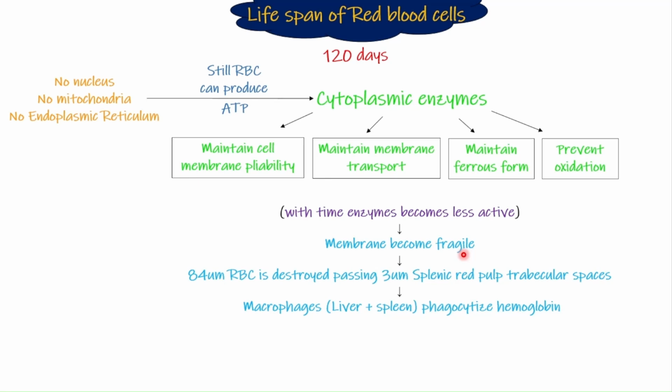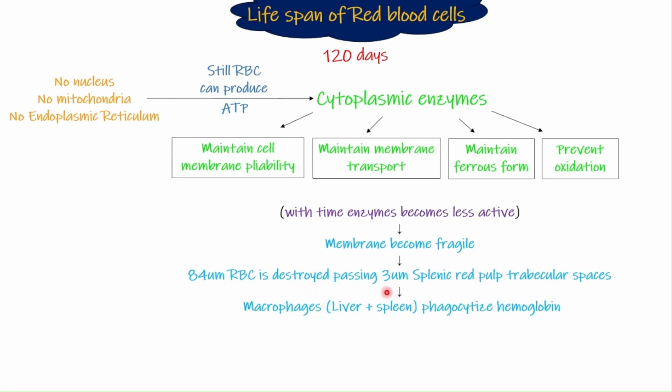Now just imagine an 8.4 micrometer RBC, which has a fragile membrane, passing through a 3 micrometer splenic red pulp trabecular space. Definitely an 8.4 micrometer fragile cell cannot pass through a 3 micrometer space, so it will be destroyed while passing through the splenic trabecular spaces.